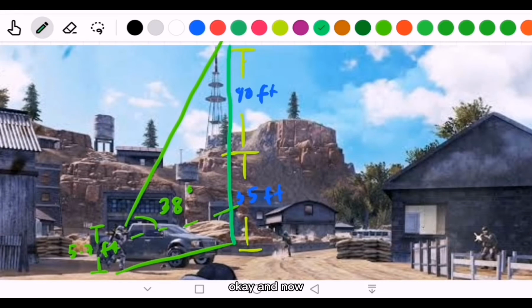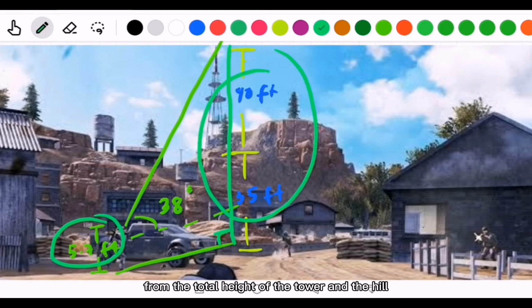And now, as we know, this creates a right angle which is perpendicular to the horizontal line from the ground, considering that some other objects here are irrelevant. And from the line of sight of the player, we'll understand that we need to subtract his height from the total height of the tower and the hill.